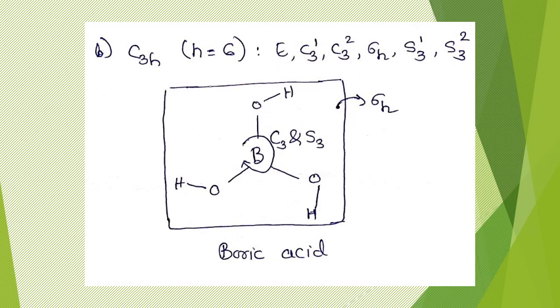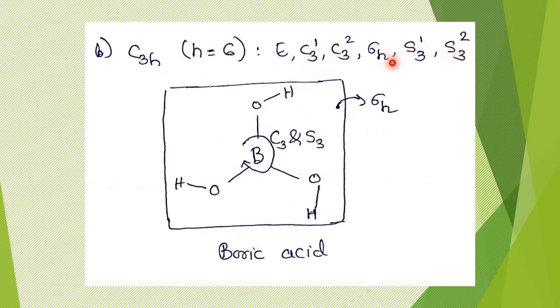Next example, the last example for this CNH point group, is boric acid. It is in fact a C3H molecule. C3H refers to an axis with threefold rotation, and the number of operations should be 2n, which is 3 into 2, so 6. Which are the operations? On this, E is possible, and because it is C3, C3^1 and C3^2, two operations are possible on the C3 axis.